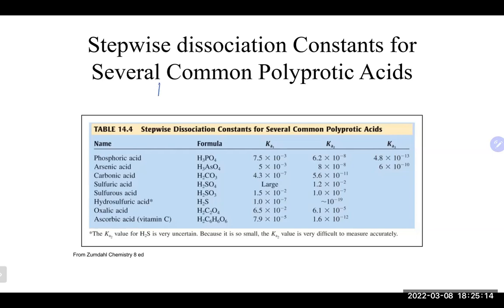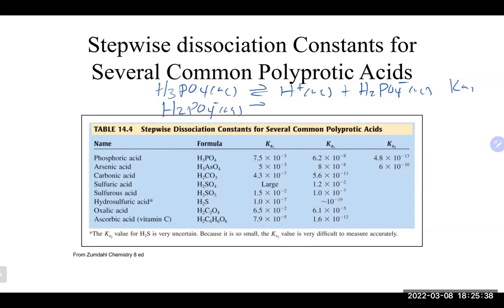So if you look at, say, phosphoric acid, the first thing that would happen is the phosphoric acid will drop an H+ and make H2PO4 minus, and there would be a Ka1 associated with that. The next thing that happens is that H2PO4 minus will dump the next H+, and that will make HPO4 2 minus, and that would be our Ka2.